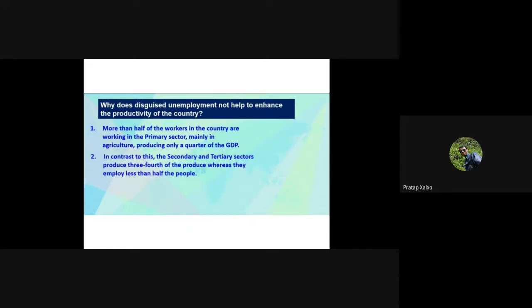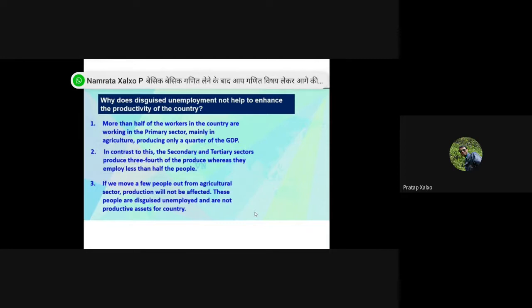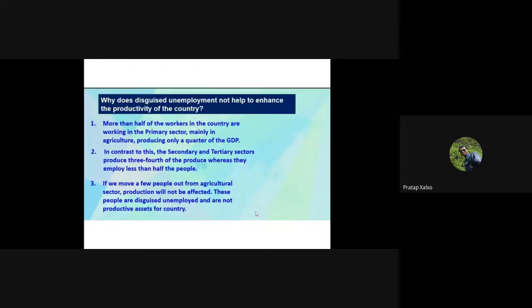In contrast to this, the secondary and tertiary sectors produce 3/4 of the produce, whereas they employ less than half the people. If we move a few people out from the agricultural sector, production will not be affected. These people are disguised unemployed and are not productive assets for the country.